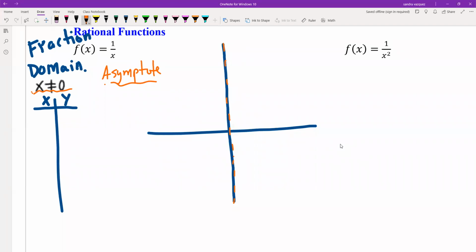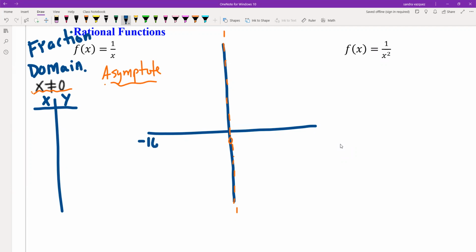Okay, so now I gotta select values. Okay, but the value that is close to the orange asymptote is 0. So then I need to pick numbers that are very close to 0 from both sides. When I say both sides, I am talking about this side right here, very close to the asymptote, and then to the right. Okay, what happens to the right? So from both sides, we'll have 2 sides, yeah? Okay. So then this is the way I'm going to do it. I'm going to select something far away.